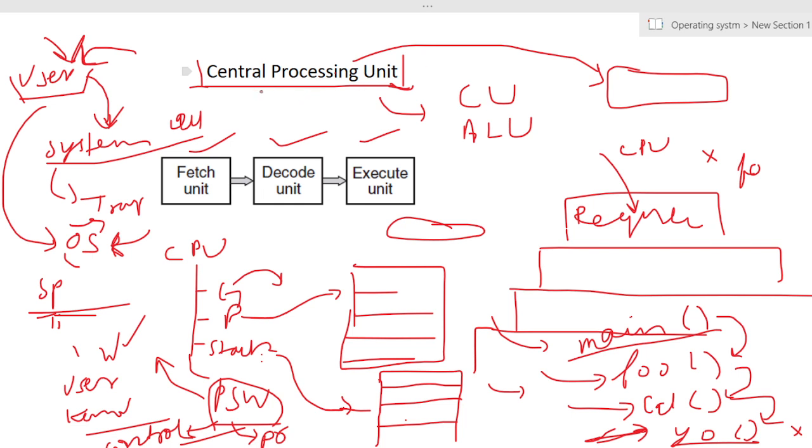It needs to fetch it first from memory, and then decode what this instruction needs to do, and after decoding, execute the particular instruction, whatever this process wants. The central processing unit, CPU or processor, does this.